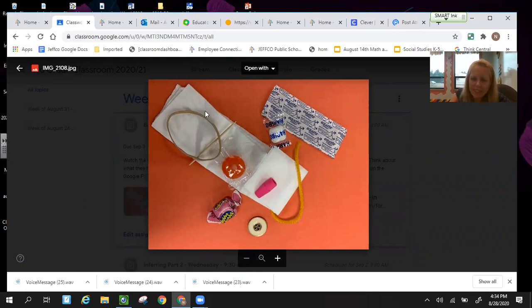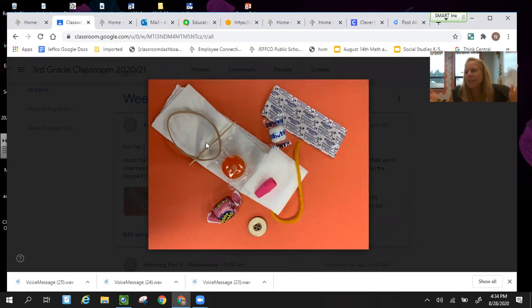Remember the characteristics of these items too. Like a rubber band is stretchy, and what could that represent? When do we have to be able to move and stretch our thinking? Toothpicks, they pick things, right? They're sharp. Gum, you chew, you can blow bubbles, it's sticky. Buttons seal things.